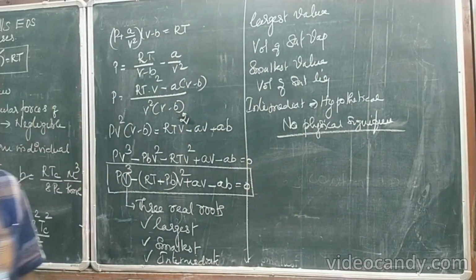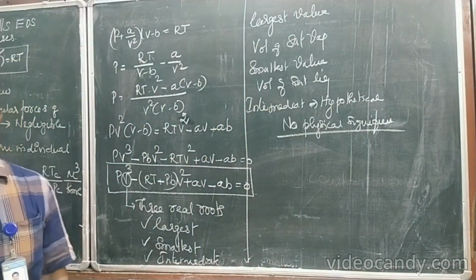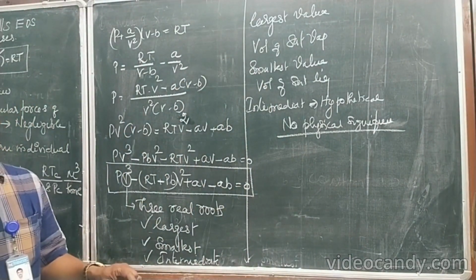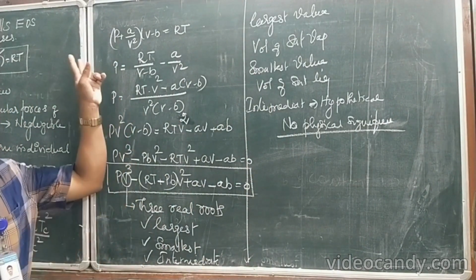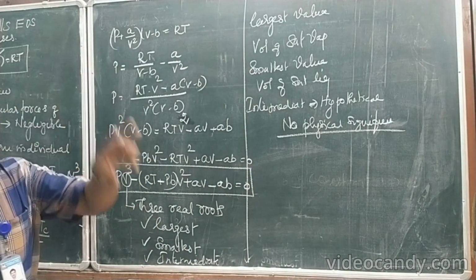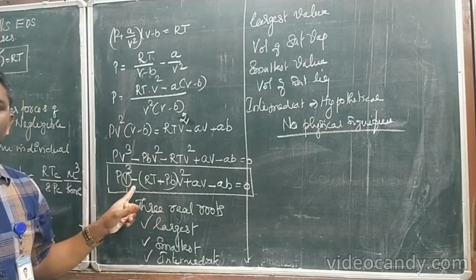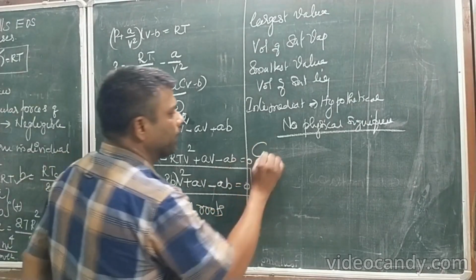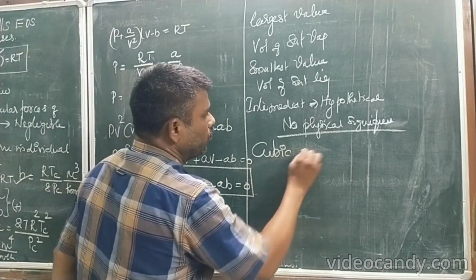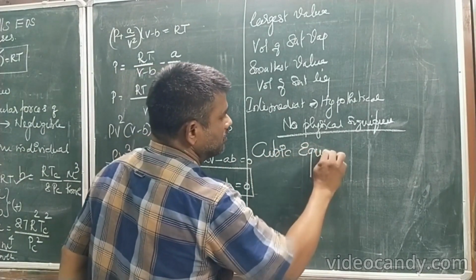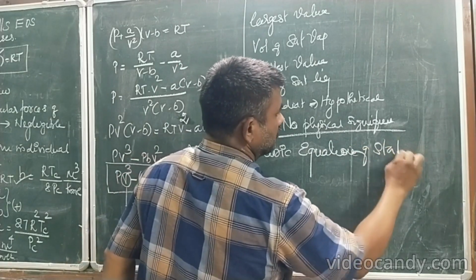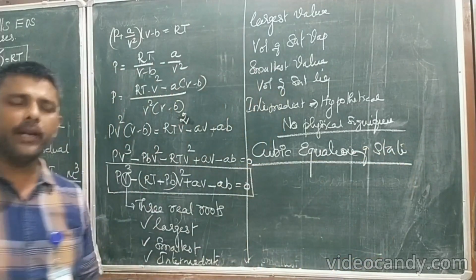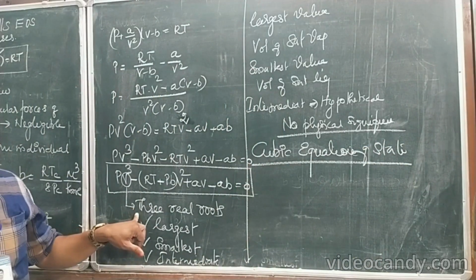So Van der Waals proposed an equation in order to describe the PVT behavior of a real gas. This equation is also called a cubic equation of state. It gives three real roots for volume.